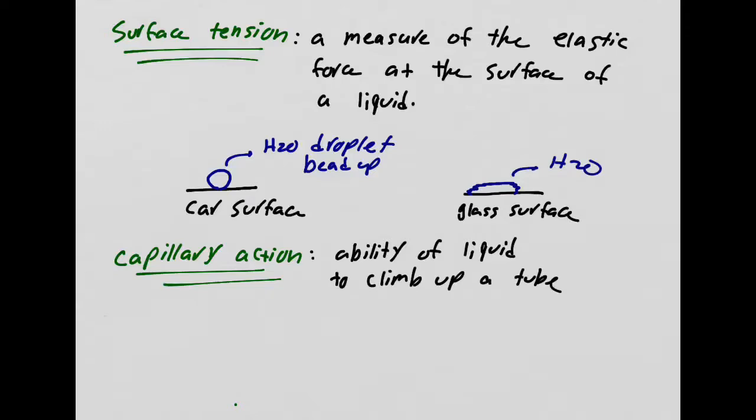So the liquid can climb up a tube, which is interesting because climbing up a tube is against gravity, isn't it? So let's talk about what this capillary action is. The liquid can climb up a tube and go against gravity.